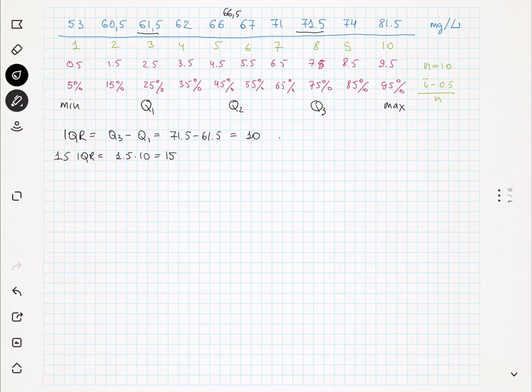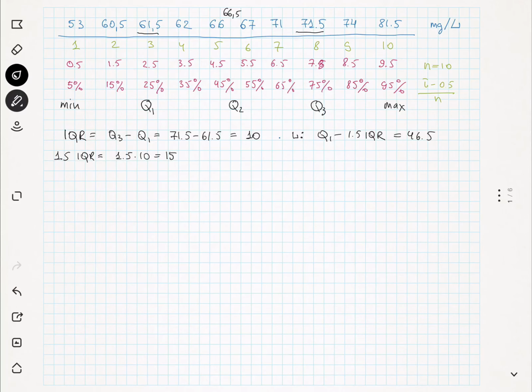Now let's see if we have too small or too large values. We will start with the lower boundary for outlier detection. I will use L. So it's Q1 minus 1.5 IQR. We know that Q1 is 61.5, and we have 15 here, so we find it's 46.5. Do we have any values below 46.5?